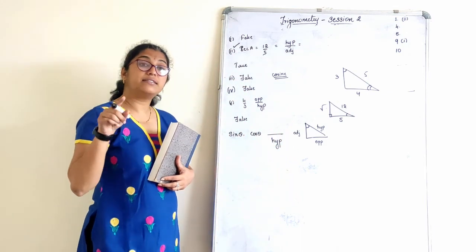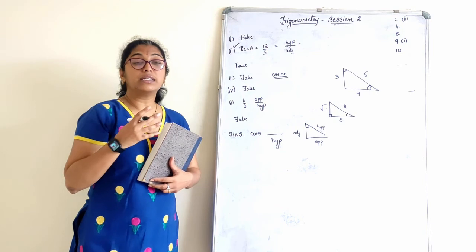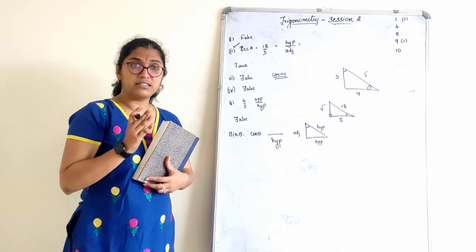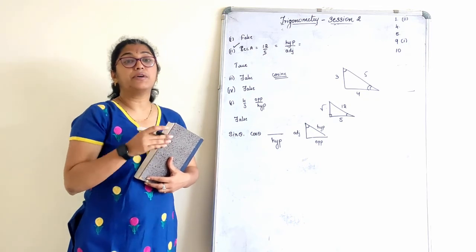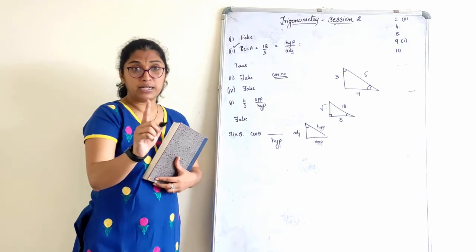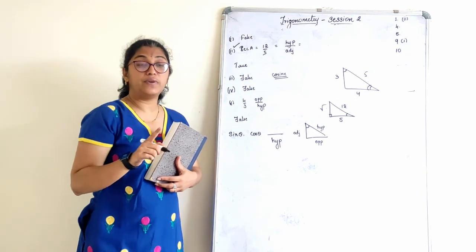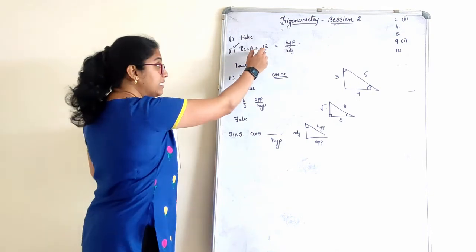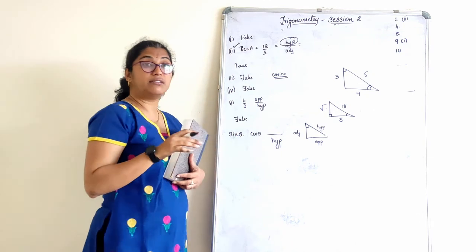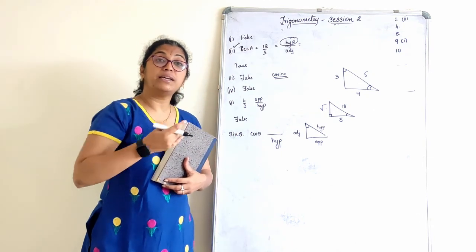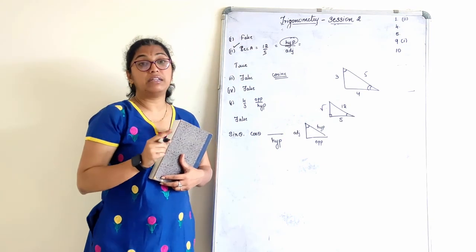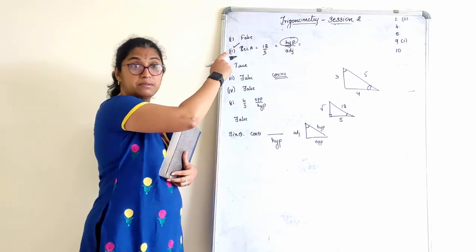If it is always divided by hypotenuse, the denominator part is greater, so the answer you get is always less than 1. But for sec, hypotenuse is in the numerator, children, so the answer should be greater than 1, the reciprocal part, and it is possible there.